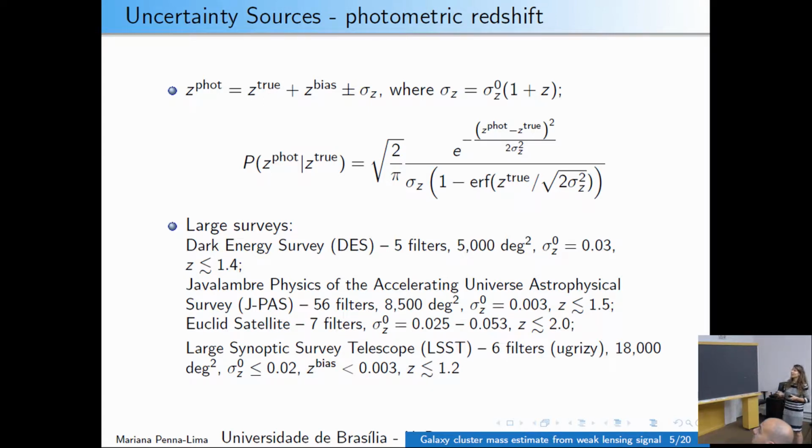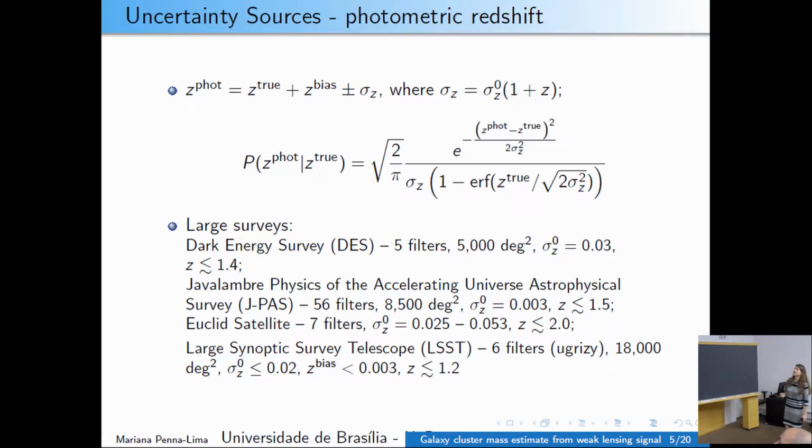J-PAS, which is an ongoing survey, uses 56 filters. So this standard deviation decreases to smaller than DES, and this will be really nice to combine and to compare with the other surveys.